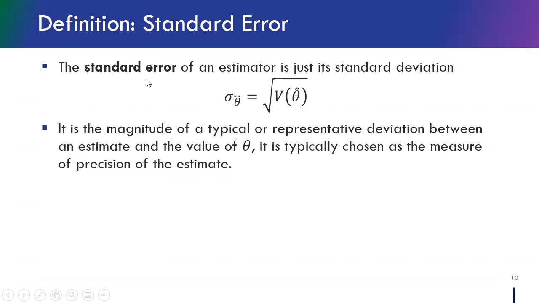People use standard deviation and standard error sometimes interchangeably, but when you are trying to quantify the uncertainty about an estimate, you normally call it the standard error. This is exactly how you get the standard deviation: we just take the square root of the variance of your estimate. This is trying to capture the precision of the estimate, like how confident we are with this estimate.